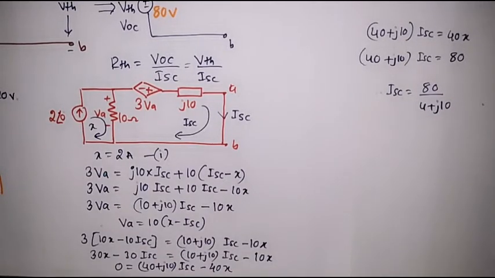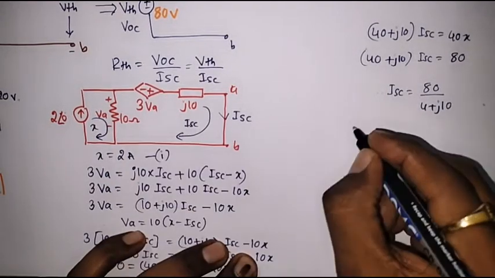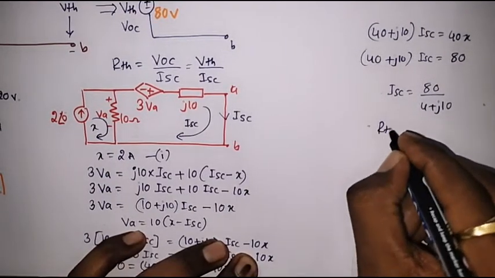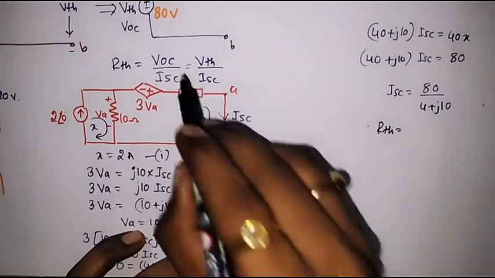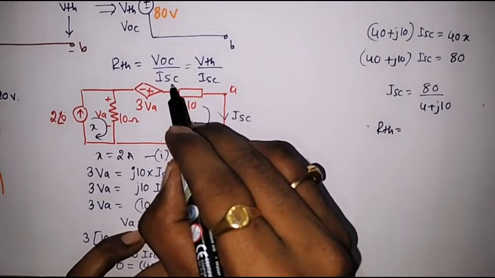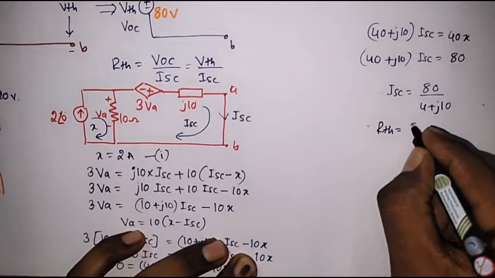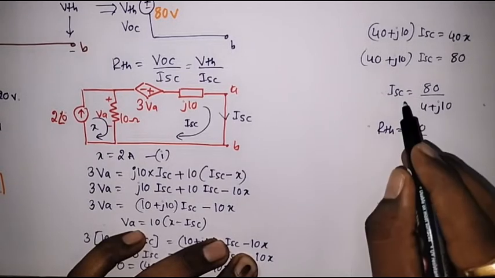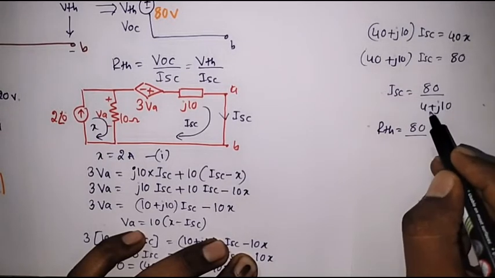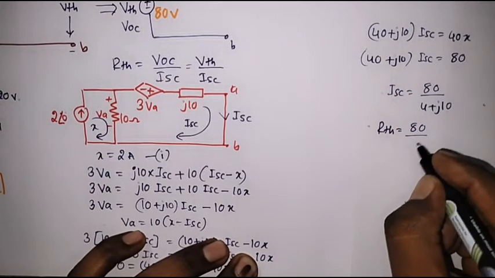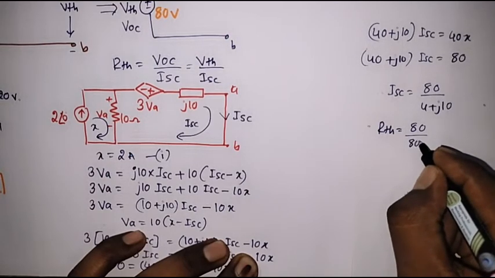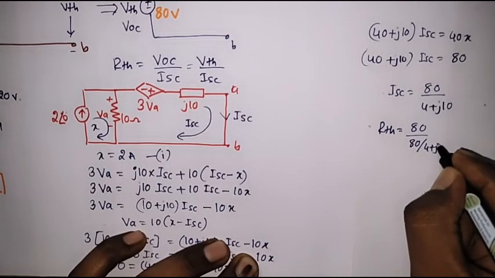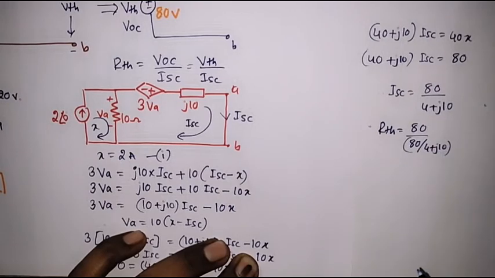So now I can easily find RTH. Therefore RTH is equal to VOC divided by ISC. The VOC value is 80 divided by ISC, that is 80 divided by 80 over 40 plus J10.